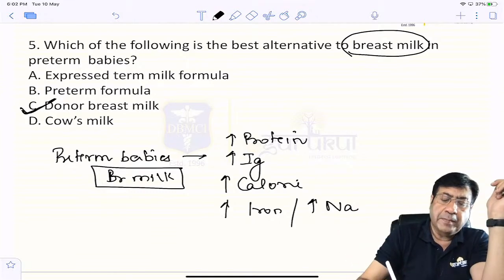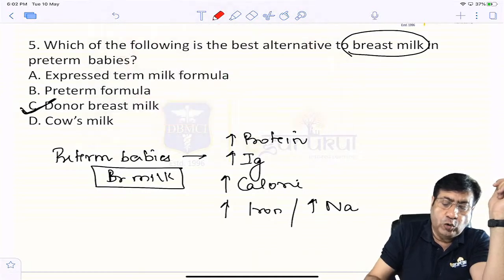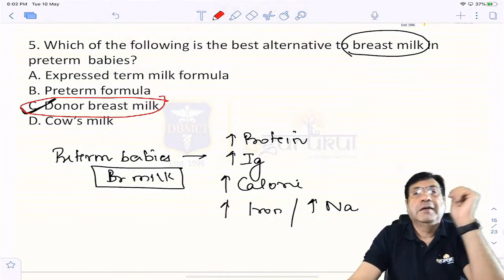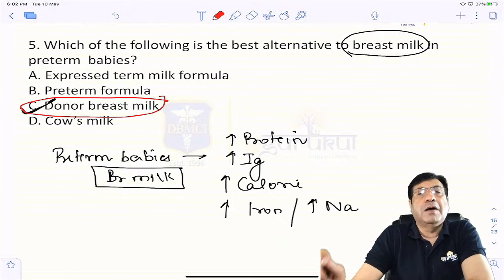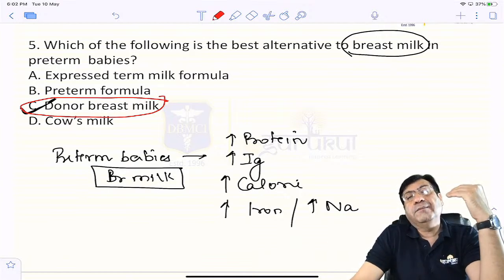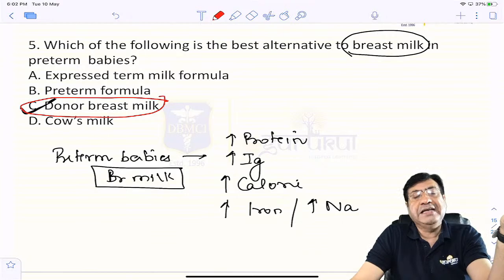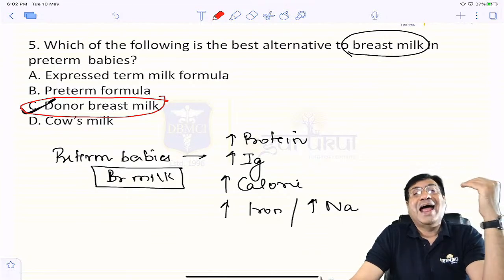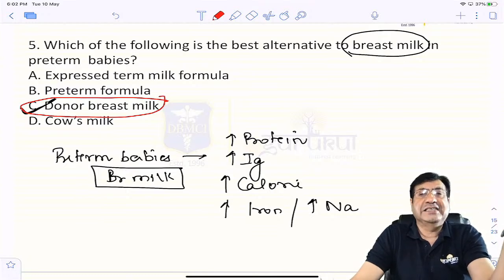There is only one problem here, and the problem is that donor breast milk may not always be coming from a mother who has delivered a preterm baby. Many of the mothers who provide this donor milk actually are the mothers who have given birth to term babies, have already given feeds to their babies. The babies have been weaned to top food, and now those mothers are expressing their milk and providing it as a donor milk.